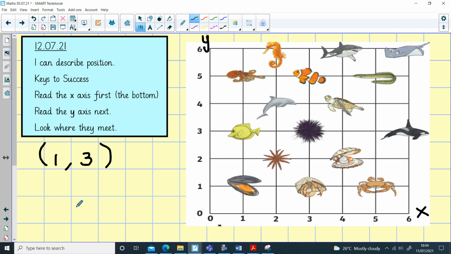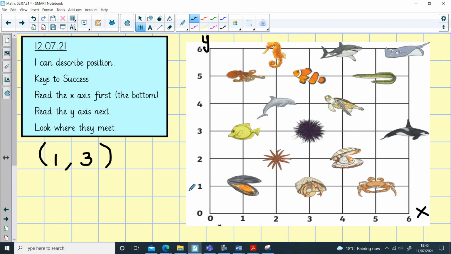Okay, so if we look at the y-axis first, we may end up in completely the wrong place. Okay, so I would go 3 and then 1, it would be completely wrong.